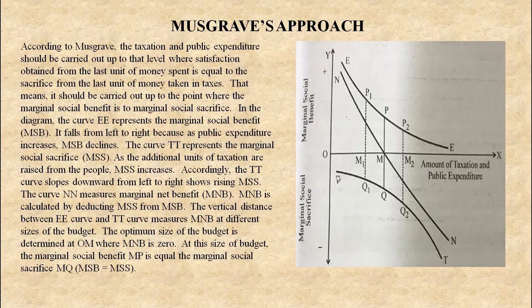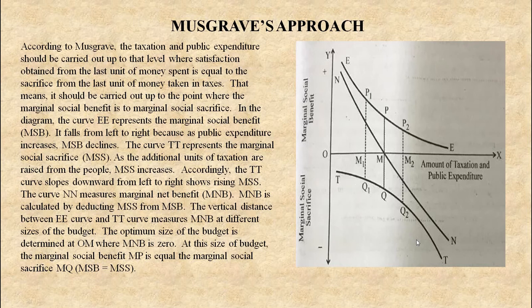Now look at the diagram. TT represents marginal social sacrifice, MSS. As additional units of taxation are raised from the people, MSS increases. Accordingly, the curve TT slopes upwards from left to right.